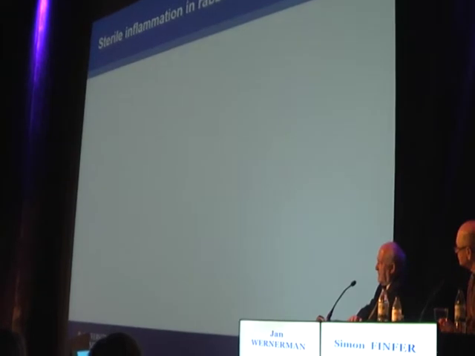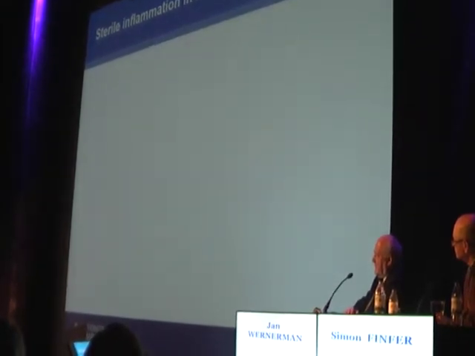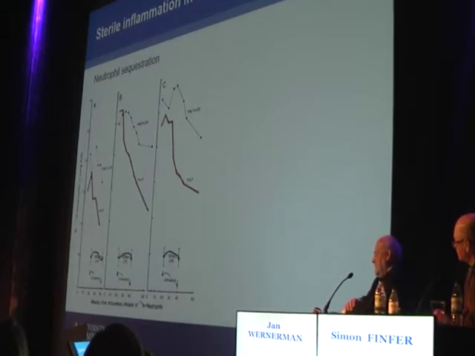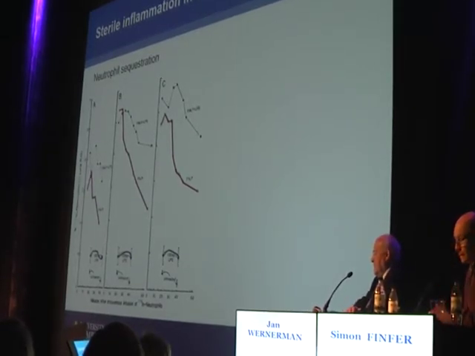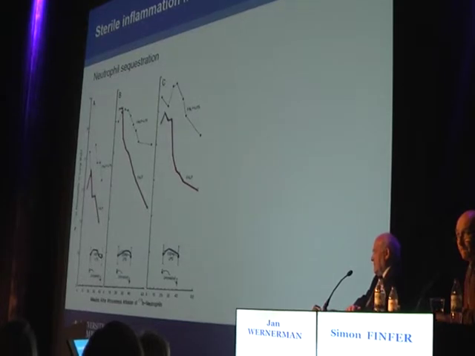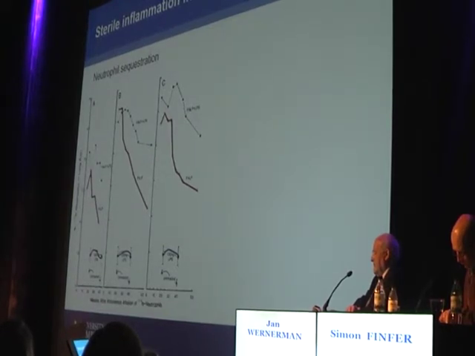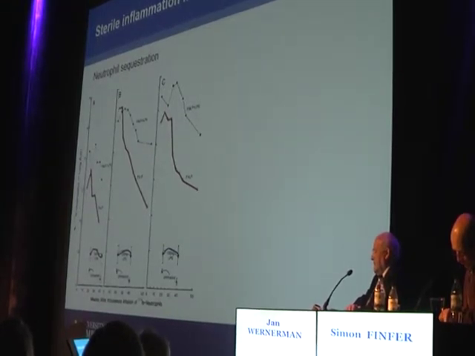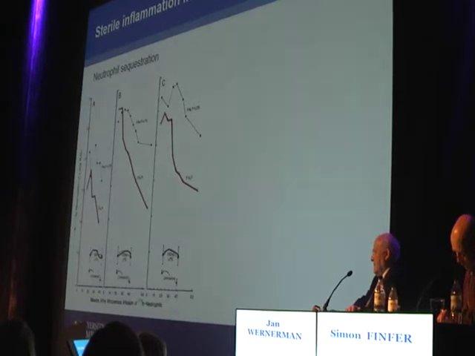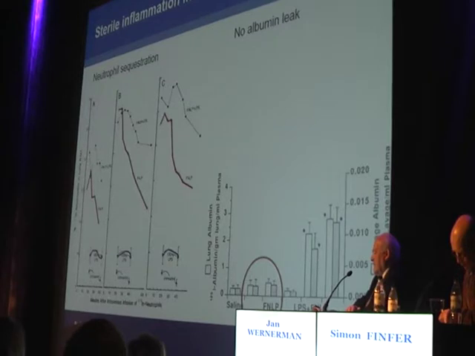So one of the earlier studies that looked at some things that were relevant to this was Scott Worthen in the late 80s, and what he showed, injecting rabbits with FNLP and LPS, and I've highlighted it in red and blue just to make it a bit more obvious, is that he could induce neutrophil sequestration in the pulmonary circulation of rabbits in the absence of albumin leak.